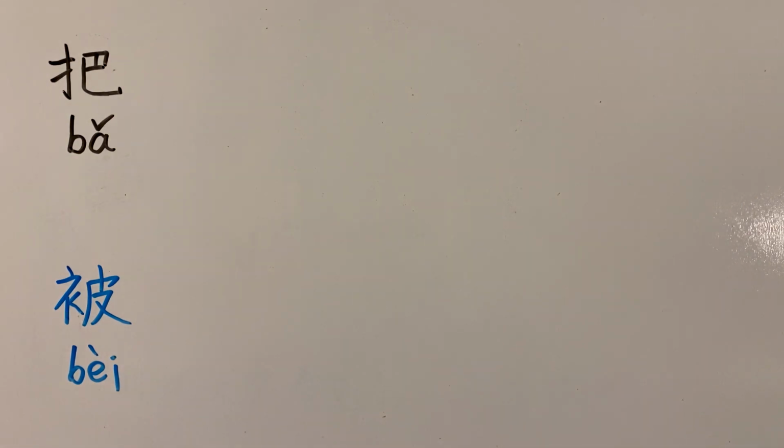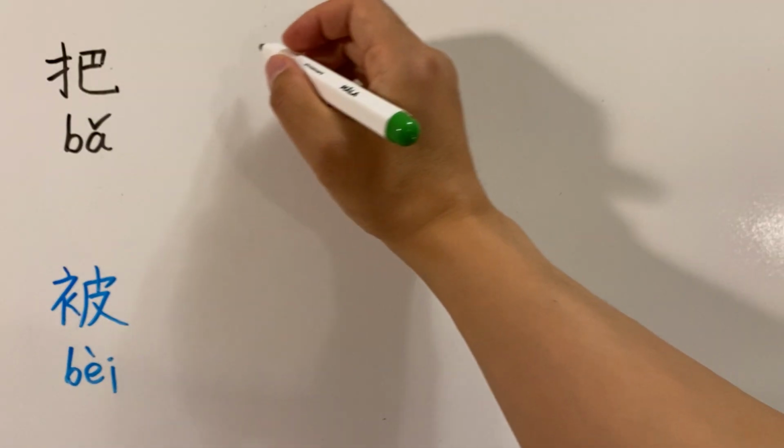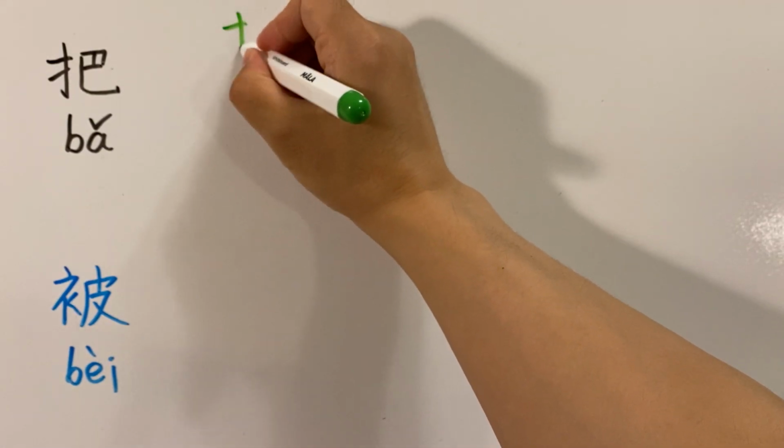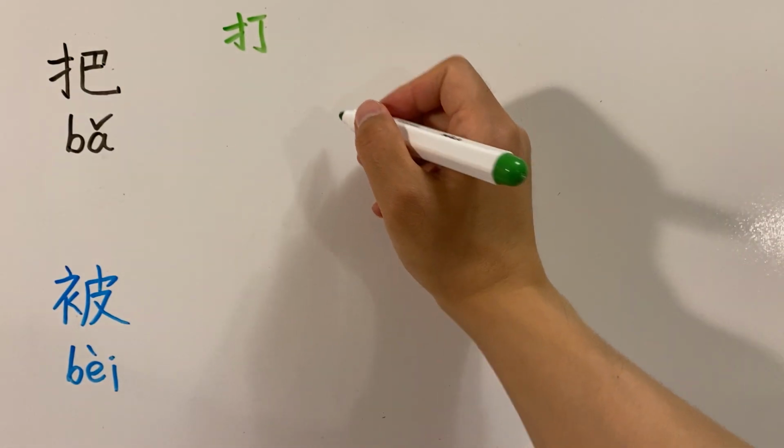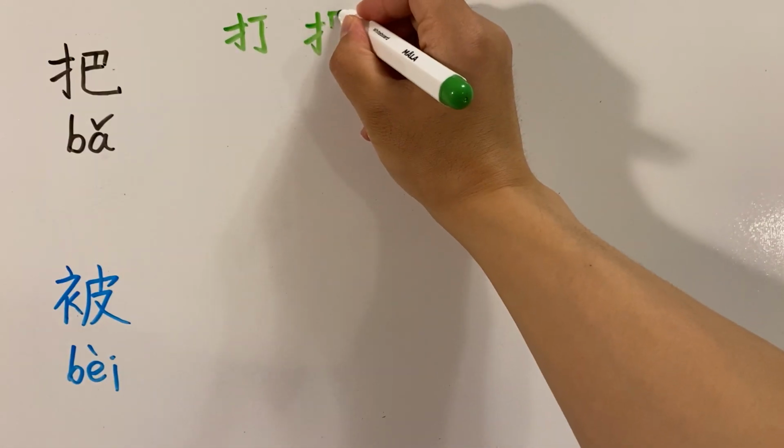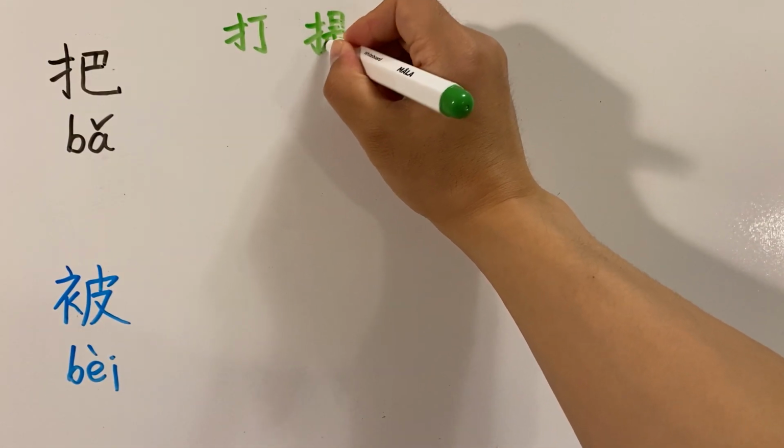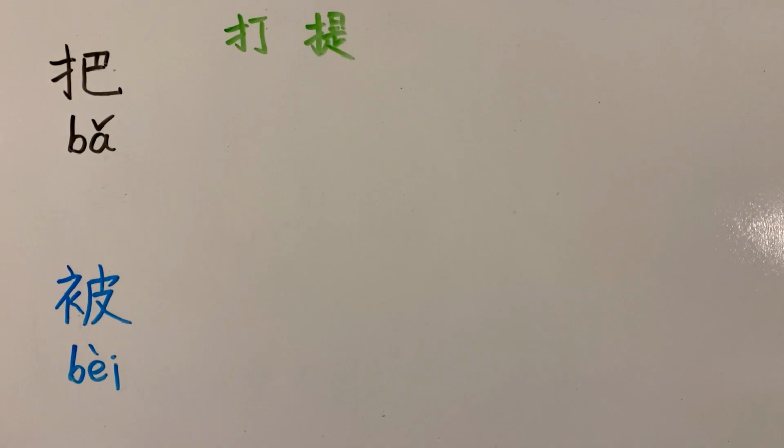If we talk about word formation here, we always use the same left part to form a series of words. For example, 打, 提.